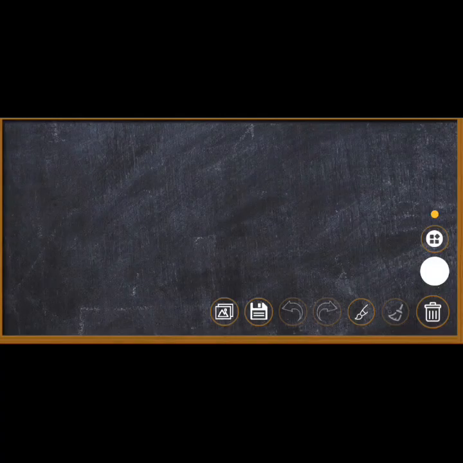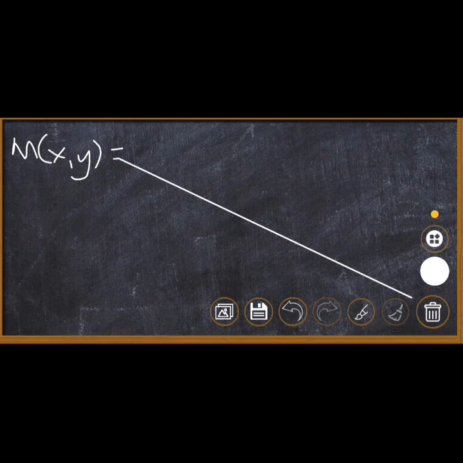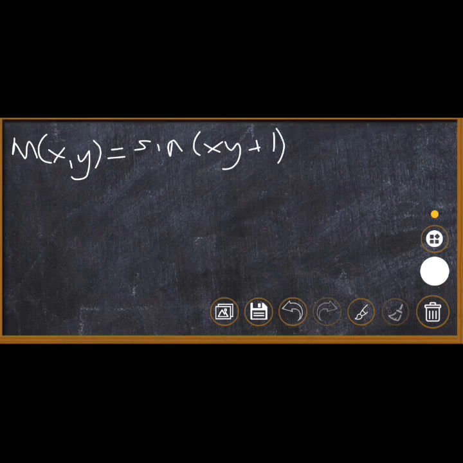So we have been given the function, and the function that has dx is our function for M. In this case, our function for M is given, according to the expression that we have just seen, as sine of (xy plus 1), plus xy cos of (xy plus 1).